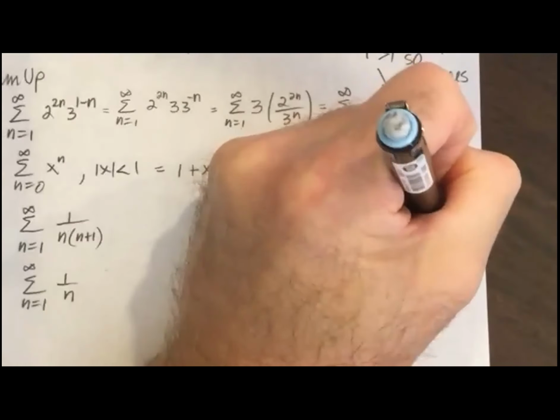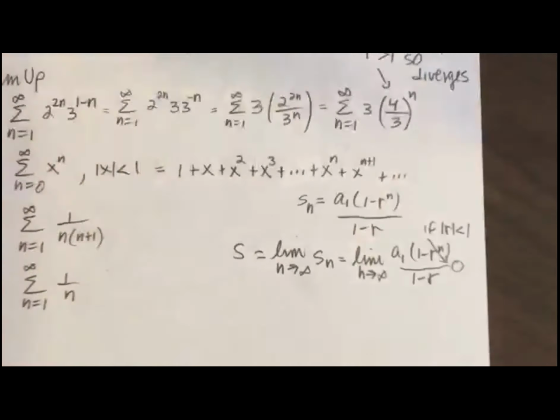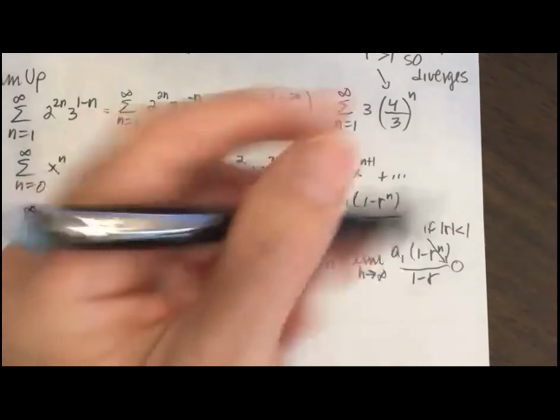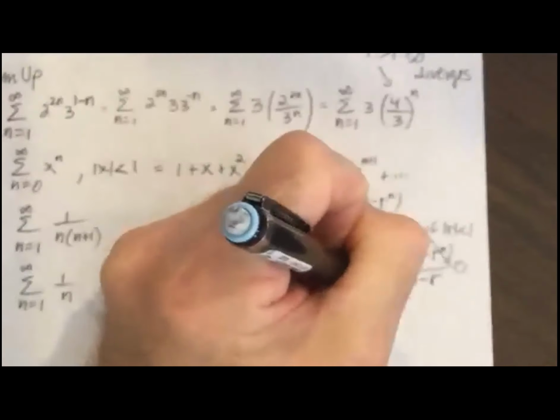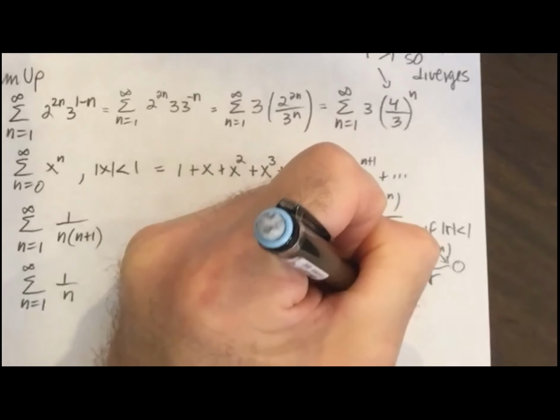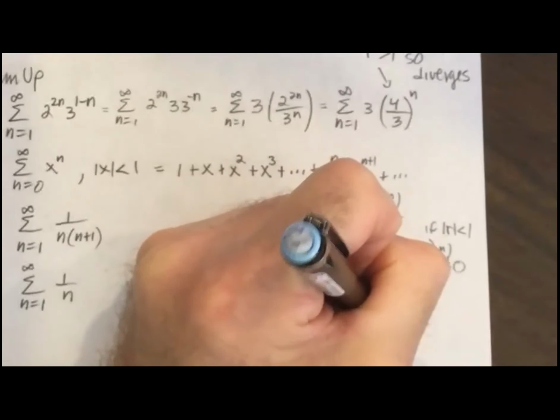So what does this thing go to? 1 times a sub 1 over 1 minus r. I put a 1 on it; I think the book just called it a for the first term. And so we would say that if r is less than 1, then this goes to a1, the first term, divided by 1 minus the ratio.